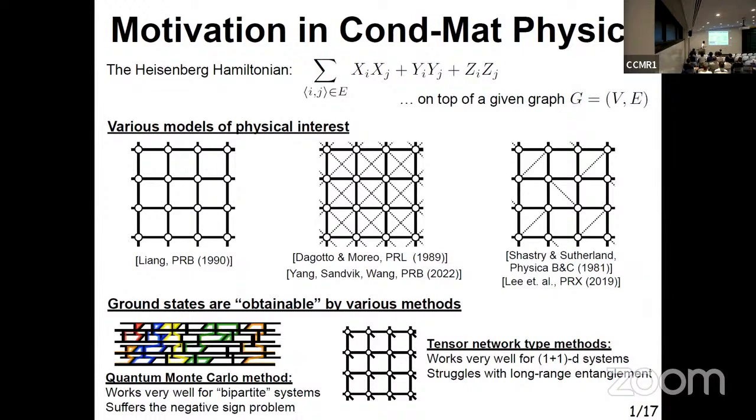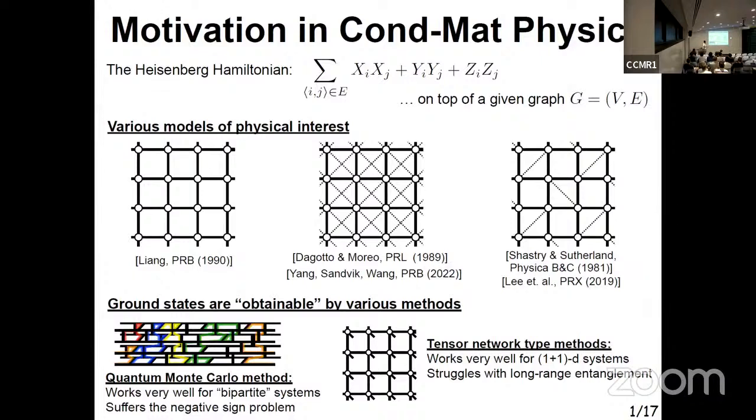Obviously the hardness of obtaining the ground state, or what it looks like, depends on what kind of graph you're considering, and it's actually pretty easy to understand what the ground state is for the square lattice case. But once you introduce slightly more complicated lattices, it's up to this date controversial what kind of ground state it actually holds.